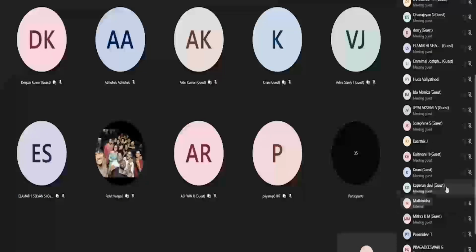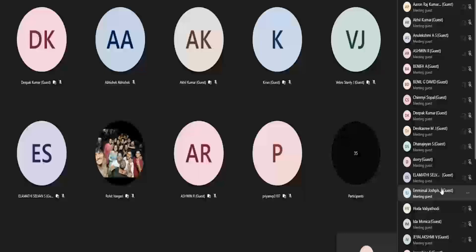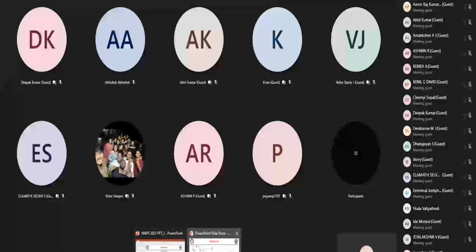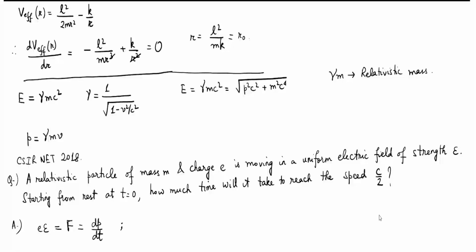Right? Then what do you have to do? You need to know the time taken to reach the speed c by 2. So when v is equal to c by 2, what is p?